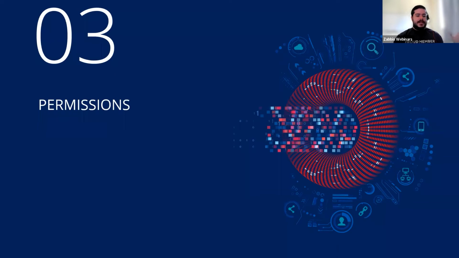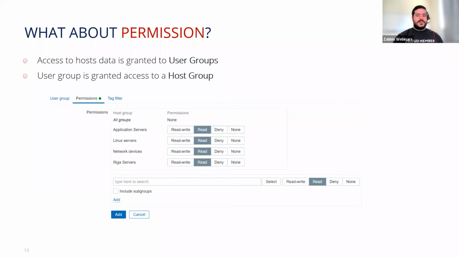Where do permissions come in? Okay, let's take a look at permissions. So far, we have that the user role defines which parts of the UI, which API methods and actions are available. I'll be showing you this in more detail soon. The user is allowed to use them, but it doesn't mean that such a user will have total access to the host data.